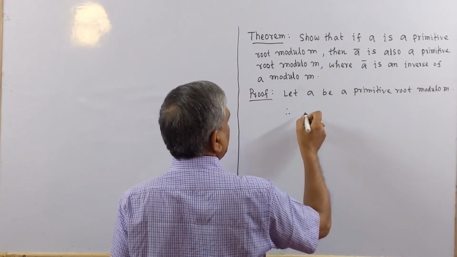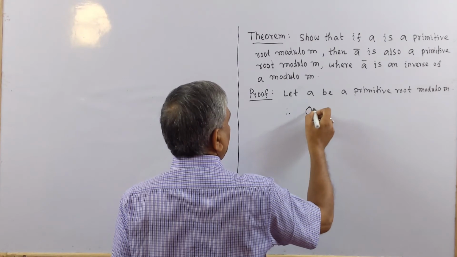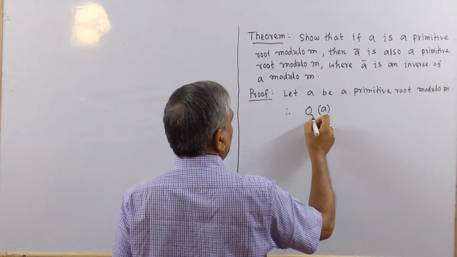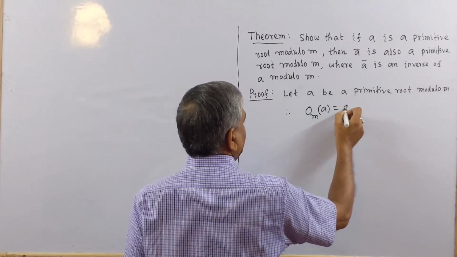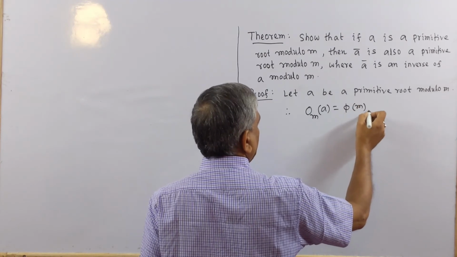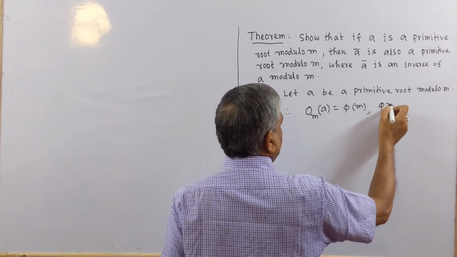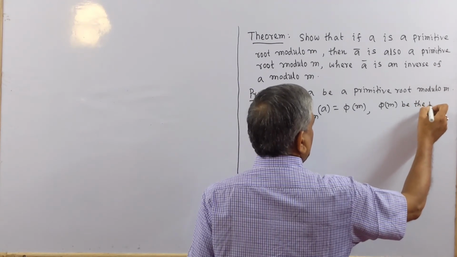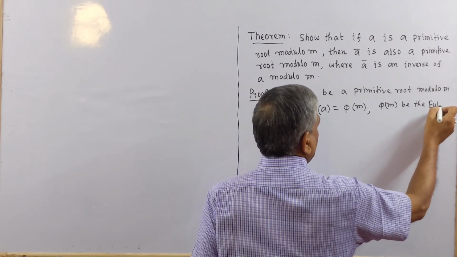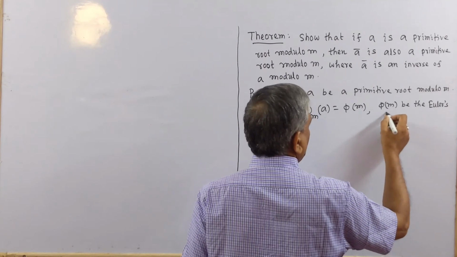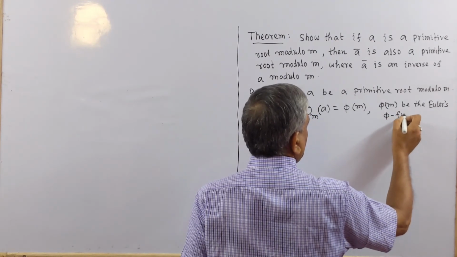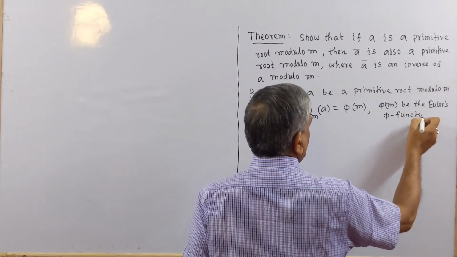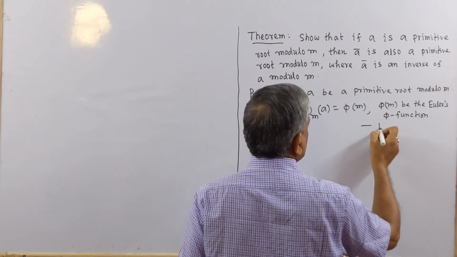Therefore, order of a modulo m equal to phi m, where phi m is the Euler's phi function. This is number 1.